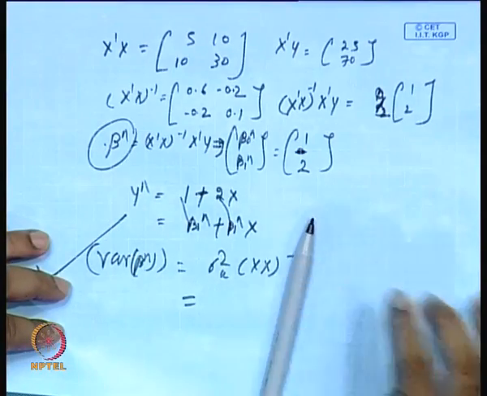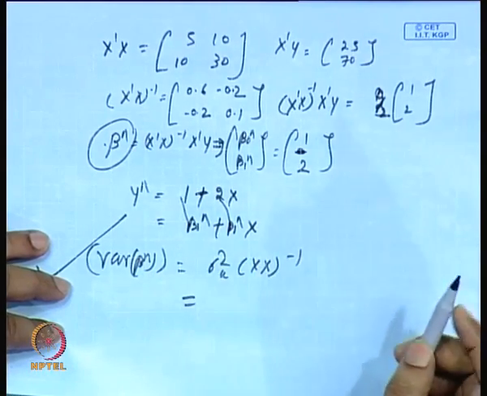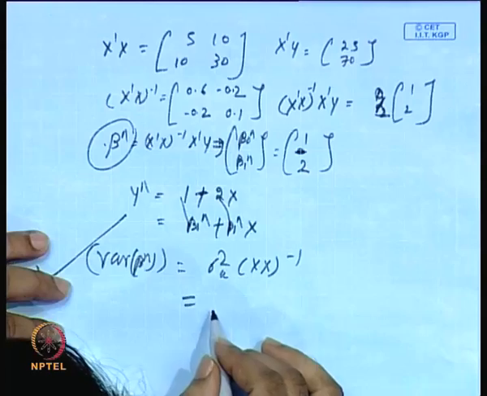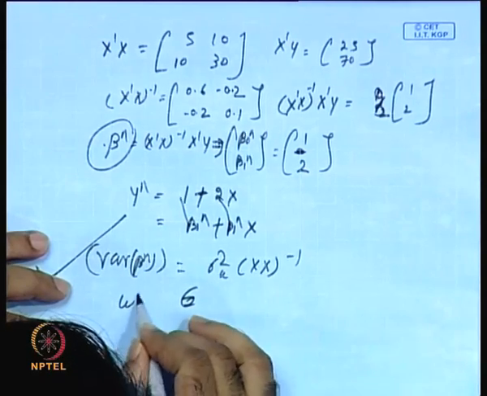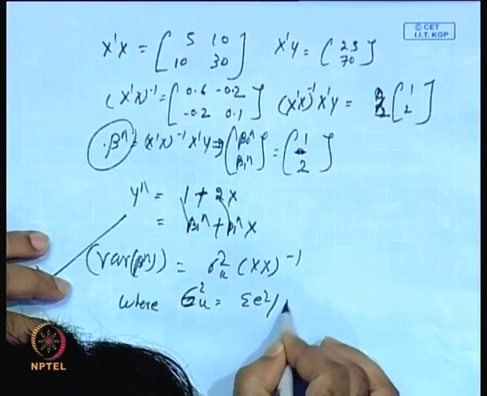So before going to sigma square into x transpose x inverse, you have to first calculate sigma square u, where sigma square u is equal to summation u square by n minus k.